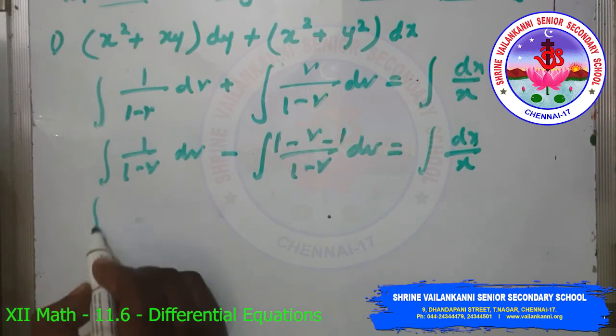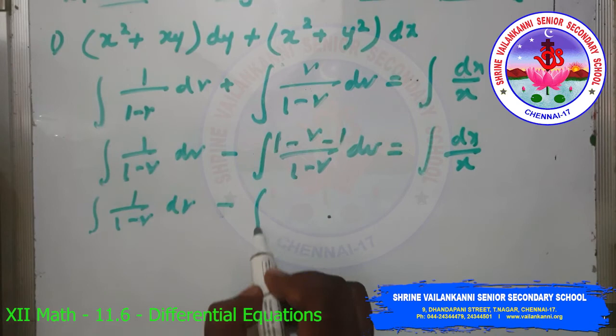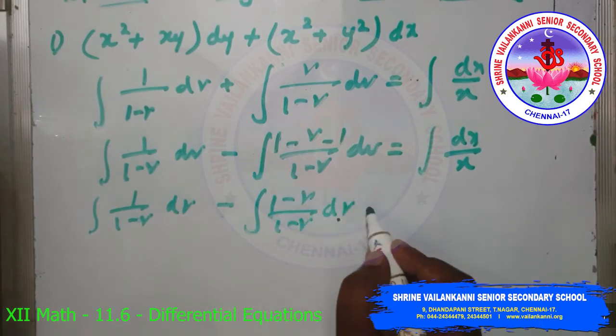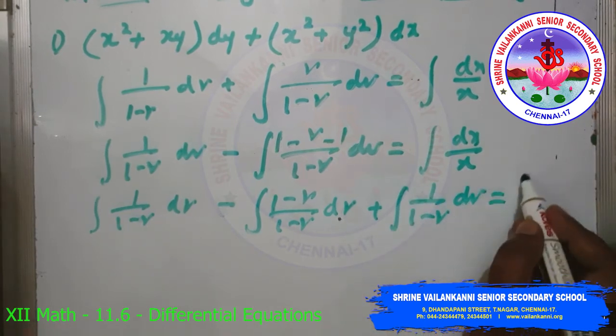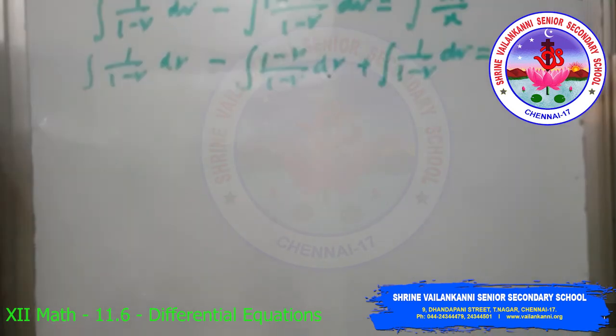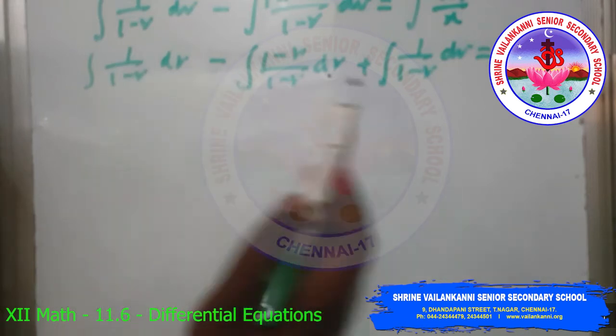So the integral of 1/(1 − v) dv minus the integral of (1 − v)/(1 − v) dv plus the integral of 1/(1 − v) dv is equal to the integral of dx/x. Here we have 2 times the integral of 1/(1 − v) dv.